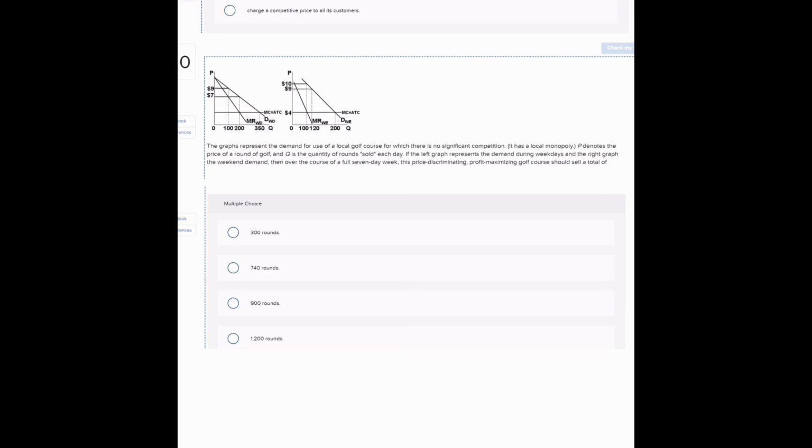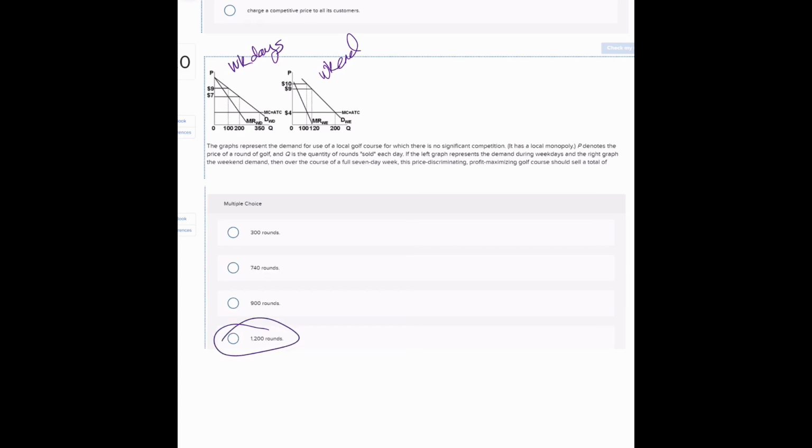If the left graph represents the demand during weekdays, and the right graph the weekend demand, then over the course of a full 7-day week, this price discriminating, profit maximizing golf course should sell a total of, so this is the weekend, this is the weekdays, and we want to find out how much they sell. So the answer here is 1,200 rounds.